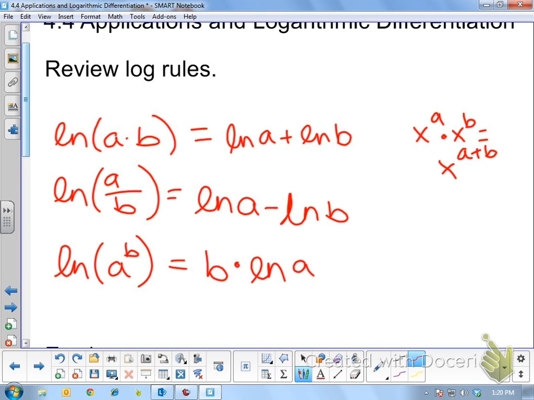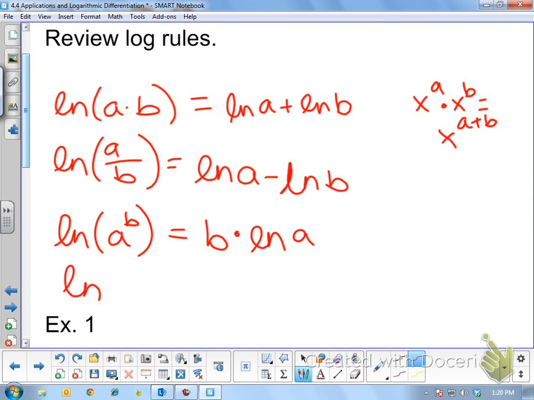What about natural log of 1? This is a value you should have memorized. Natural log of 1. Okay, let's think of it this way. We're trying to figure out this value. We know this is log base e of 1 equals some number.